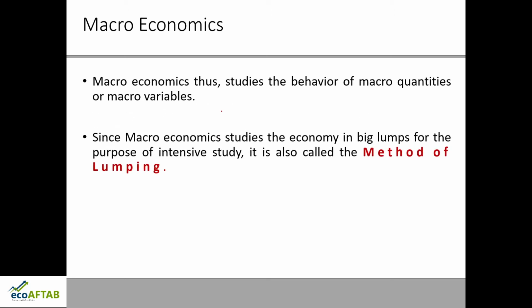So macroeconomics studies the economy in big lumps for the purpose of intensive study. When we speak about microeconomics, this study is micro, but in macro we pile up all these smaller units and make a lump out of it, and that is why macroeconomic study is also called the method of lumping.